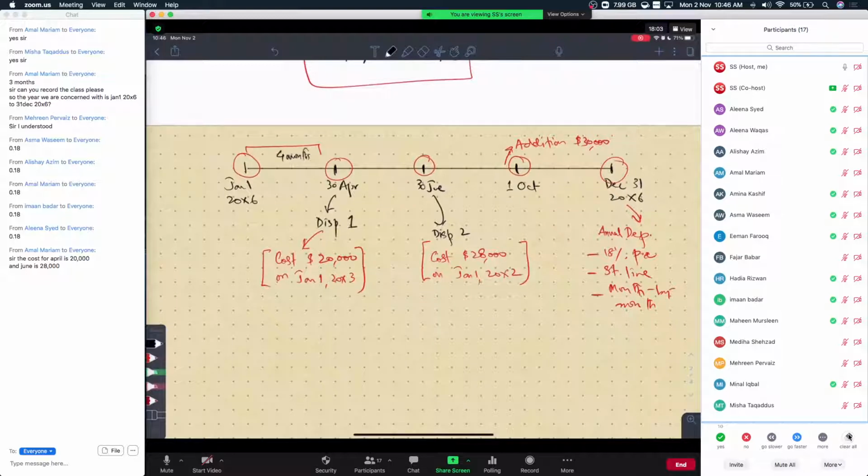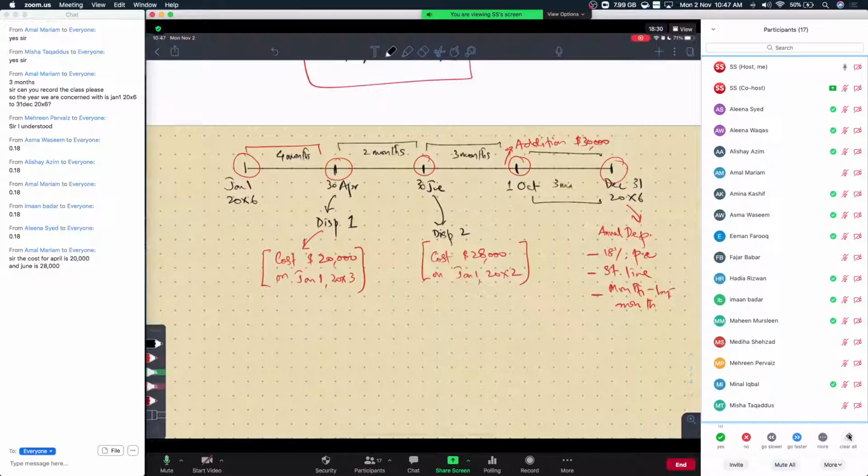Okay. This area is 30th April to 30th of June, May and June, 2 months, right? This area over here is 30th of June to 1st of October, means July, August and September, 3 months. And this area up to this point here, that is October, November, December, 3 months.